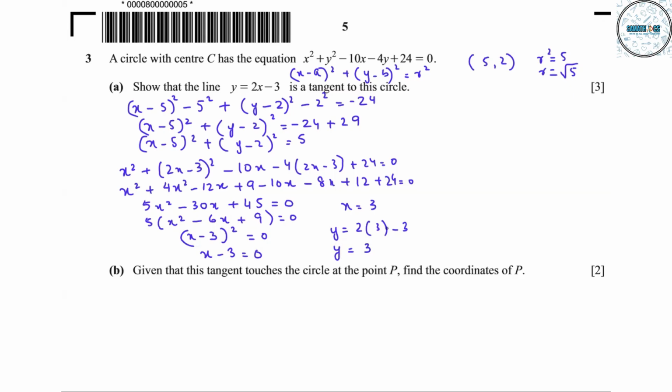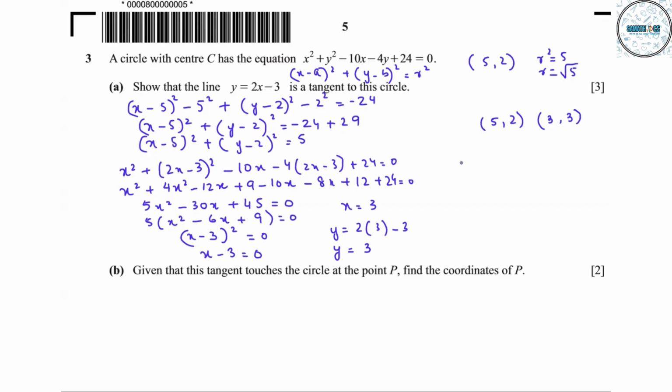So we have got the coordinates of intersection point of circle with tangent. Now we will use the coordinates of center of the circle and the intersection point of the circle with the tangent, which is 3, 3, to find out radius.